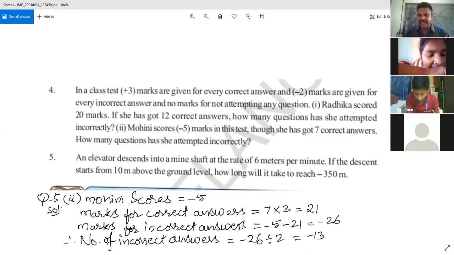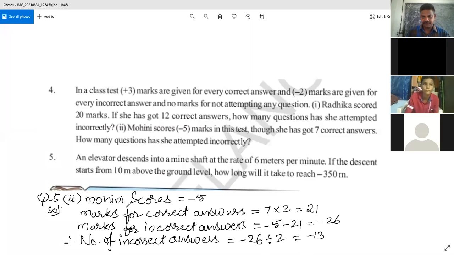So -5 minus 21 gives -26. To know the number of incorrect answers given, we just divide -26 by 2, that equals -13. Take one screenshot and we will go for the next question.